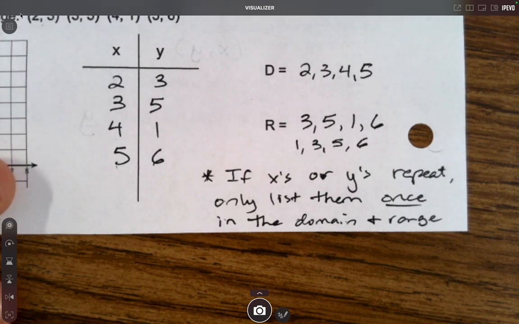And I'll explain what I mean in just a moment, but go ahead and write that down. So if x's or y's repeat, only list them once in the domain and range.